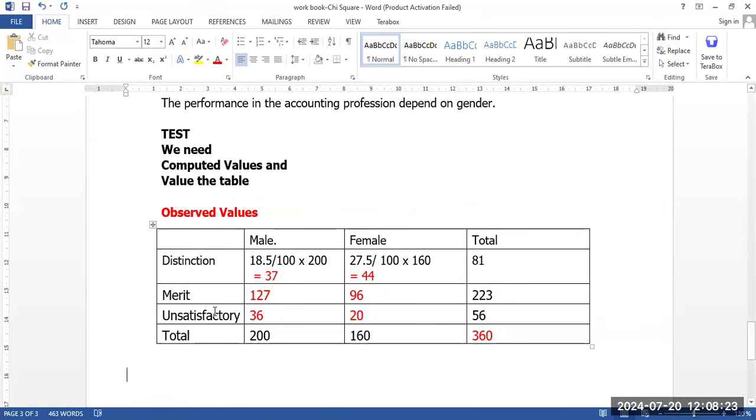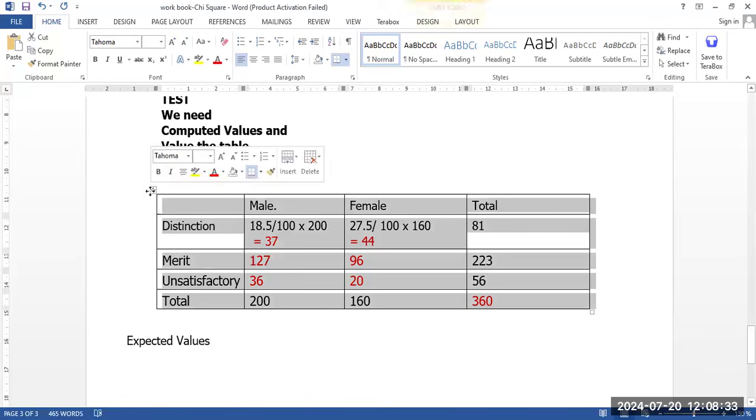So we need expected values. How do you get expected values?